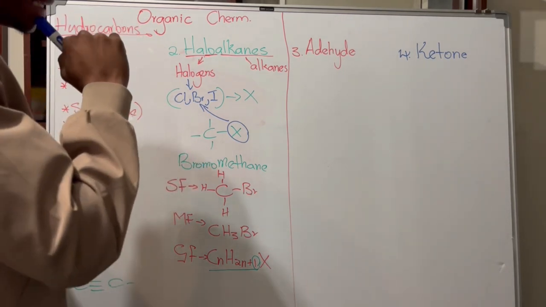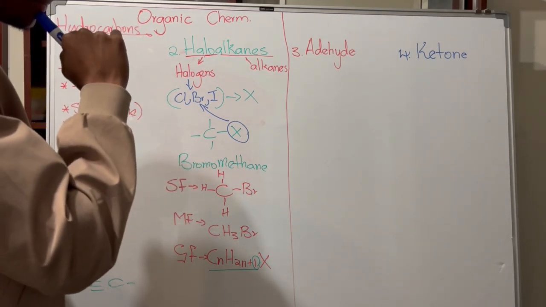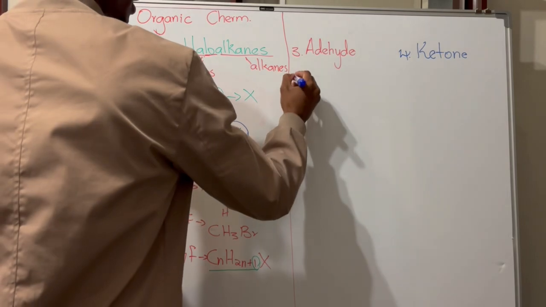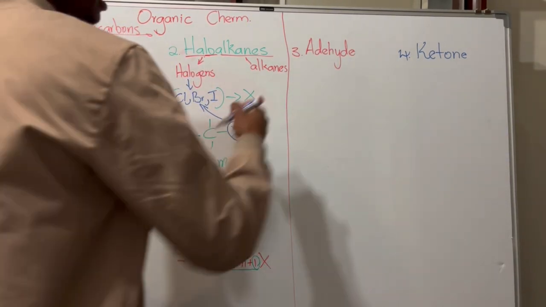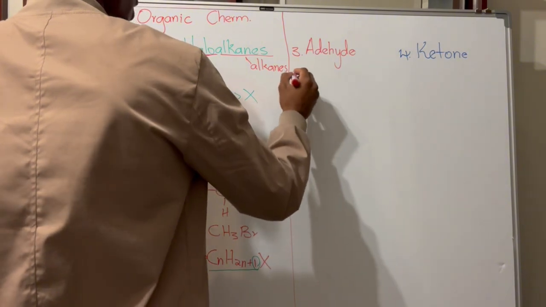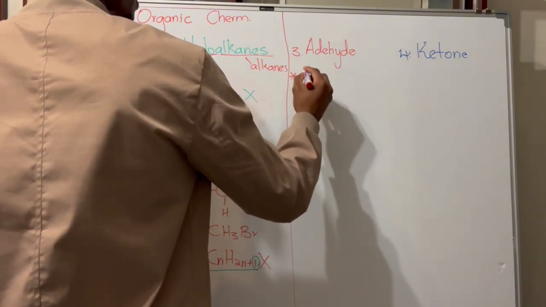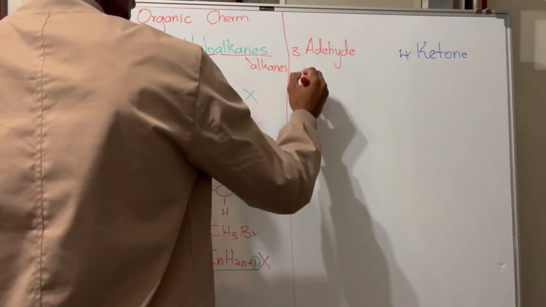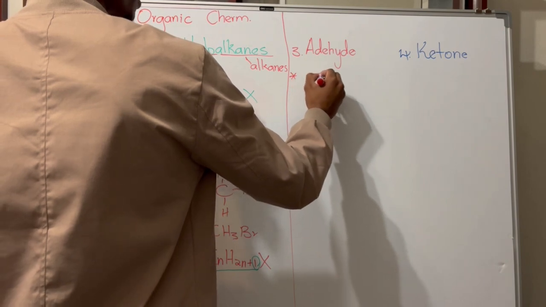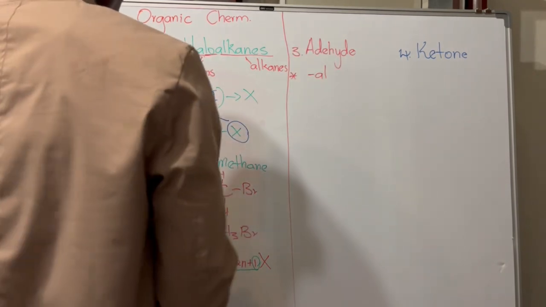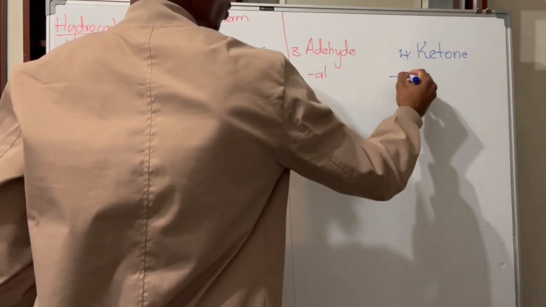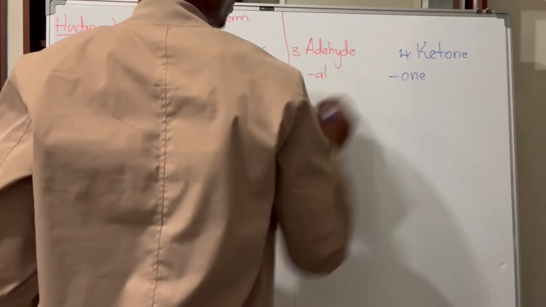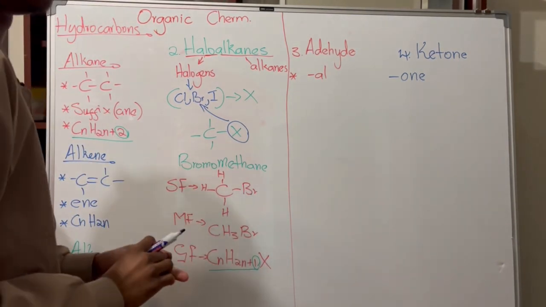With an aldehyde, I'll start with the basic suffix, just the basic things. The suffix, these ones, they end with al, while the ketone, they end with one, right?